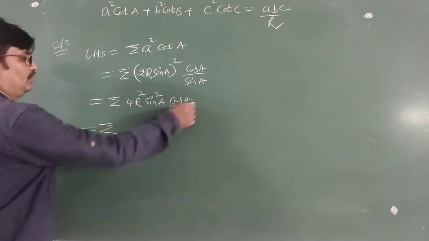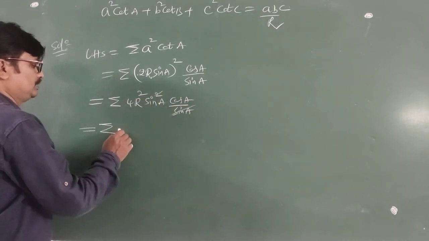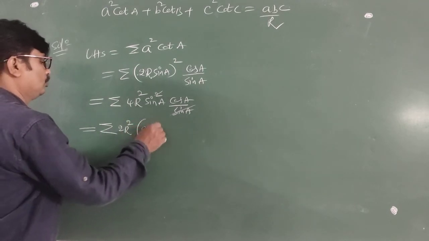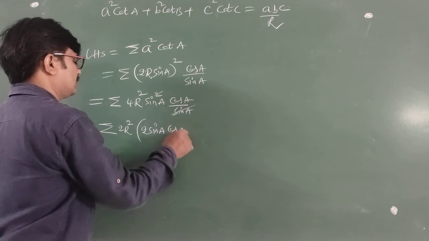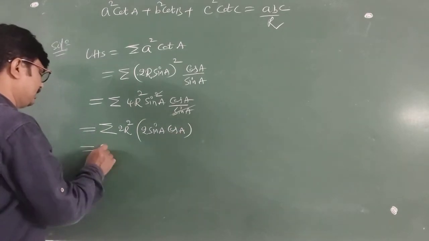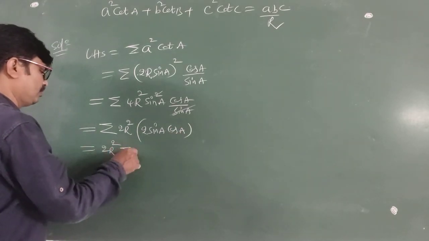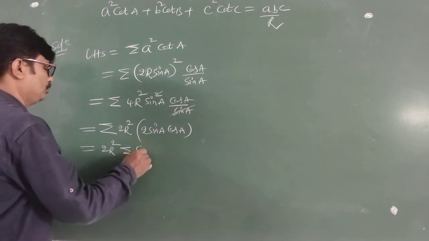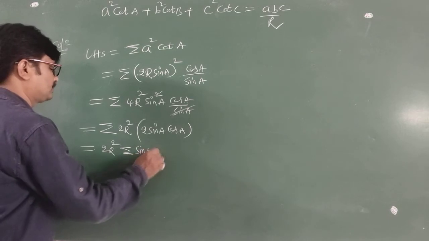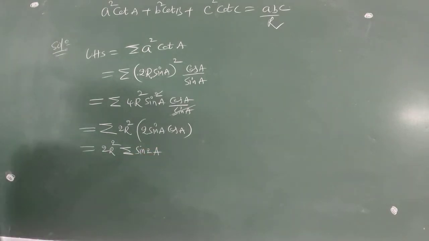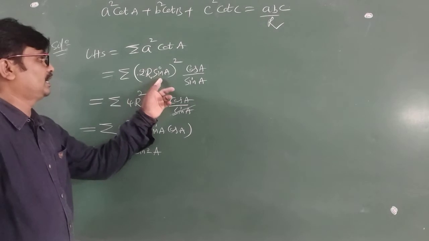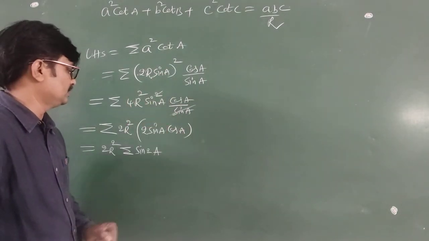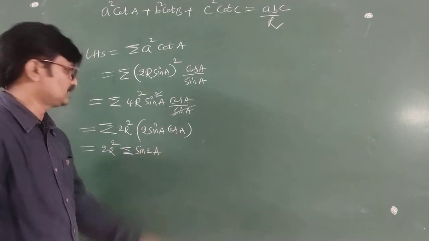We can write this as 2R square, 2 sin A cos A. So my dear students, 2R square sigma, what is the formula here? Sin 2A. This is the formula of sin 2A. Is it clear? First you write 2R sin A whole square, this is 4R square sin square A, one sin cancels, and 2 sin A cos A is sin 2A.